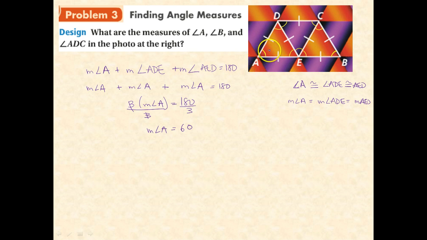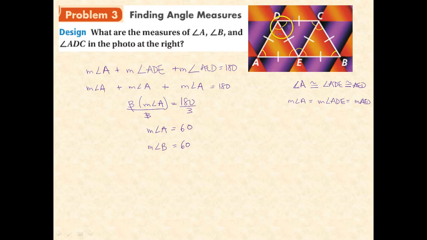So that tells me that all these angles are 60 degrees. So the measure of angle B is also 60 degrees. And that means that the measure of angle ADE is 60, and that the measure of angle EDC is 60.